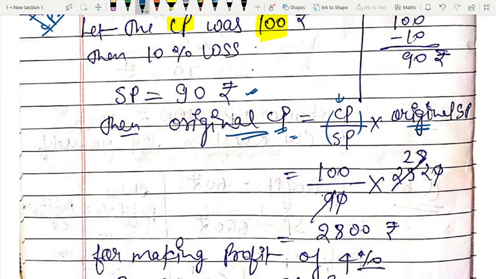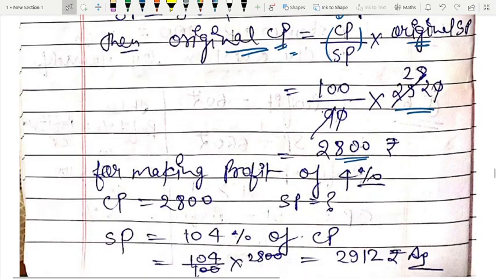Since the ratio will be the same, CP is 100 and SP is 90, because the loss was 10%, multiplied by the original SP. We simplify and get 2800 rupees as the original cost price.